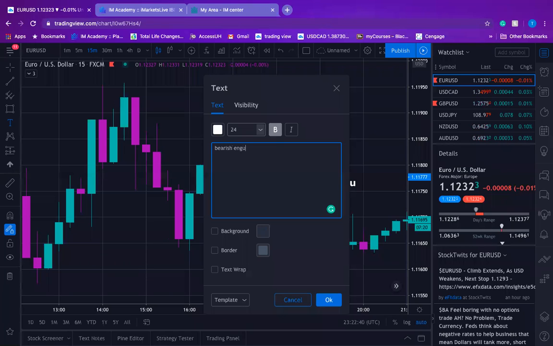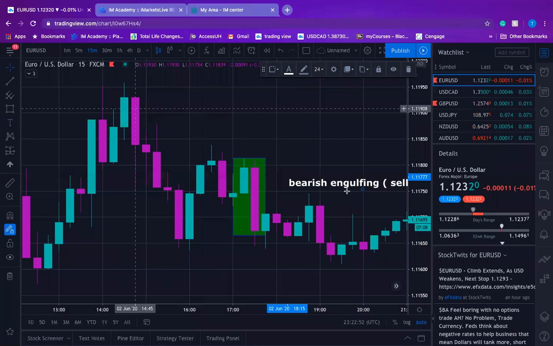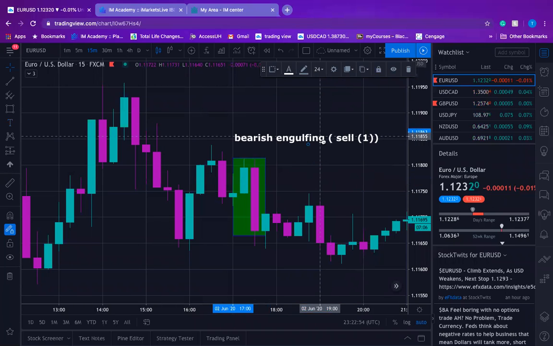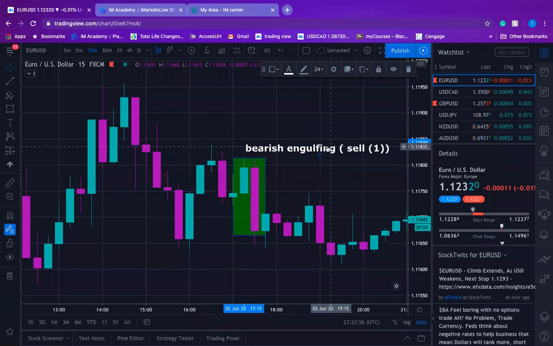Bearish engulfing. This is your first one for the sell. Sell 1. This is for our sellers. These are our entries for the sellers. So now let's flip the script. Now our sellers are in control.